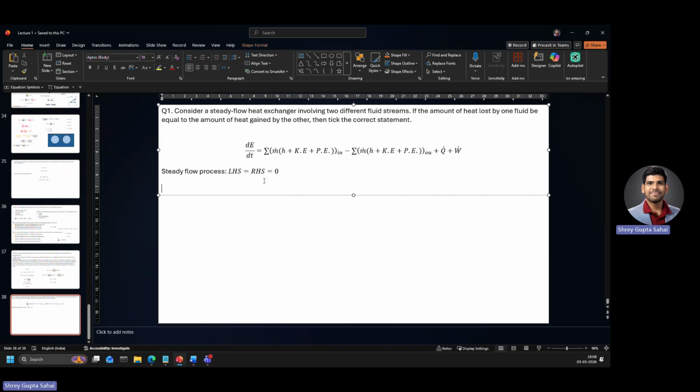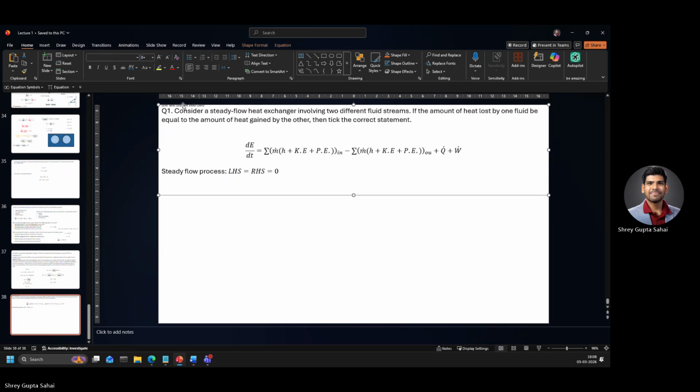Okay. Now consider a steady flow heat exchanger involving two different fluid streams. If the amount of heat lost by one fluid is equal to the amount of heat gained by the other, pick the correct statement. So what are the statements? So the first statement we have is this.